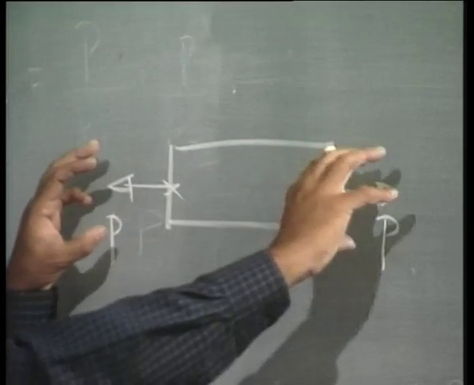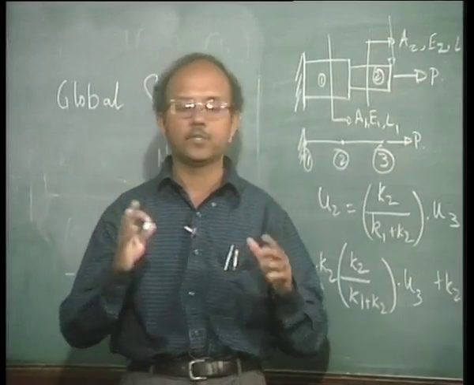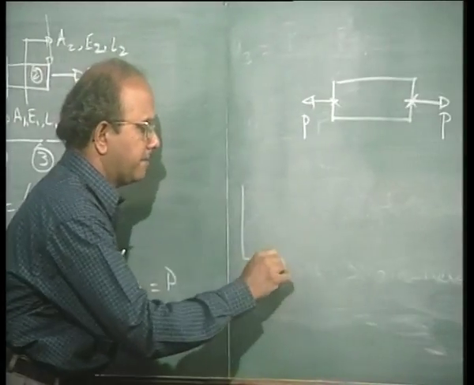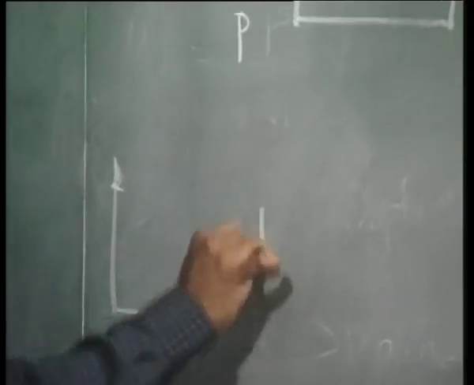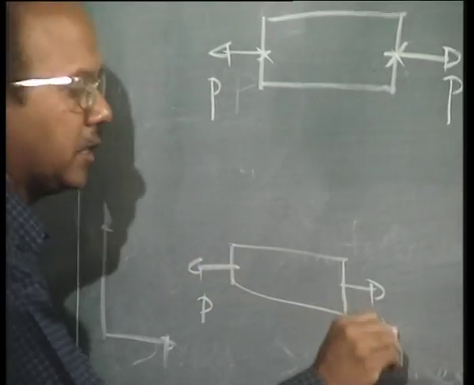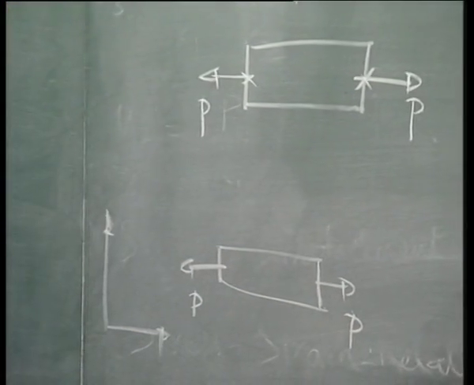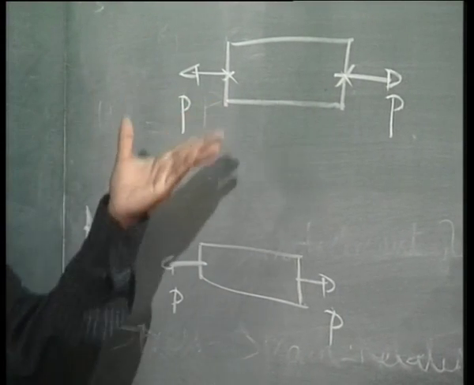For example, I take this bar and then determine the stresses for this bar in this position. Okay, I will get a particular u1 and u2, right, with respect to, say, a coordinate system. On the other hand, if I take the same bar here, and apply the same loads and determine the displacement and stress, it has to be the same.